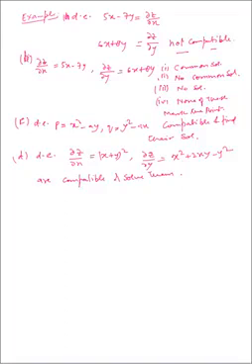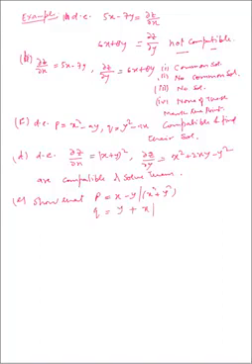Then next is E. Show that P is equal to x minus y upon x square plus y square, and Q is equal to y plus x upon x square plus y square are compatible, and find their solution.